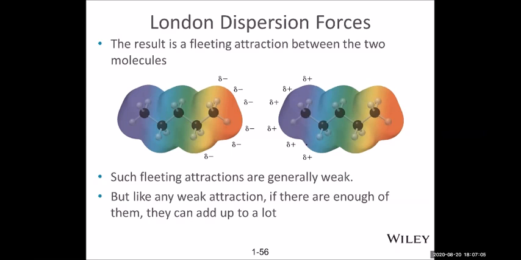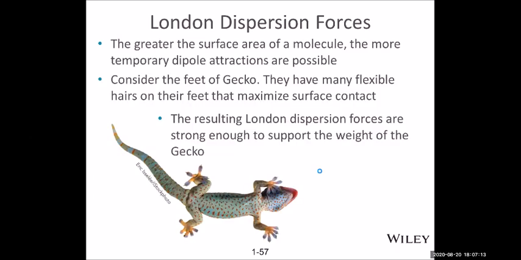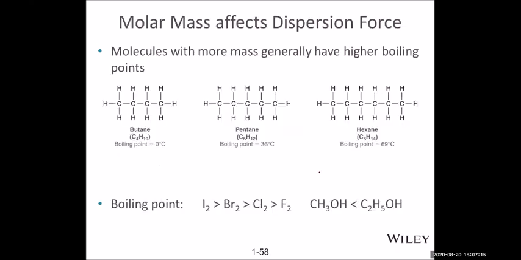This imbalance will cause nearby atoms and molecules to become polar, and they briefly attract each other, fairly weakly. And dispersion force depends on molar mass because bigger atoms mean more electrons, which have a higher chance of distributing unevenly and causing stronger dispersion force.